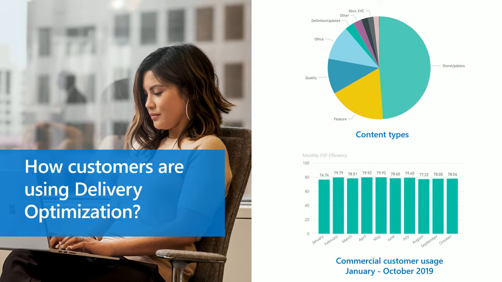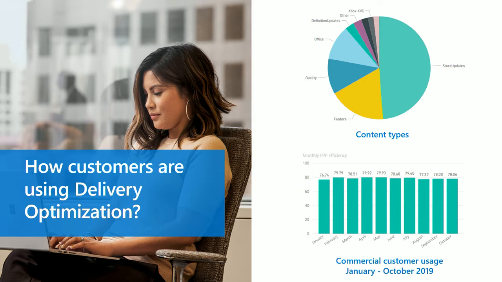Right after that, we have feature updates, quality updates, and Office updates in terms of popular content. Now, the chart on the bottom is filtering the data just to those commercial customers that have configured delivery optimization, and it's looking at the overall efficiency. Efficiency means what percentage of the data came from peers versus the HTTP source.